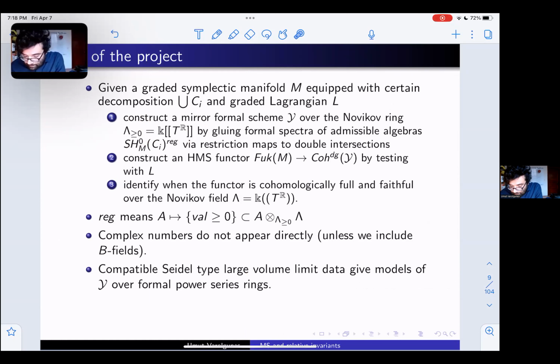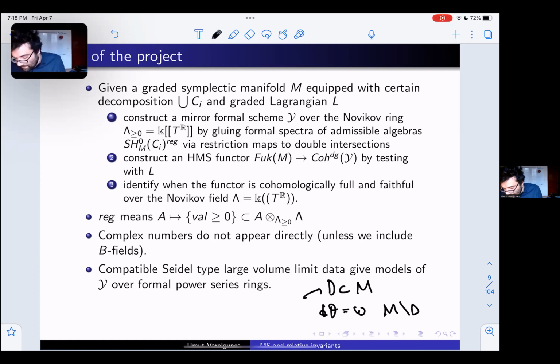And if you want something that's more discretized, something more like formal power series rings, what you should do is pick some kind of Seidel type large volume limit data, by which I mean you choose a divisor inside M, a symplectic divisor, and you choose some primitive of the symplectic form in the complement of this divisor, such that the residues around the components of this is a normal crossings divisor.